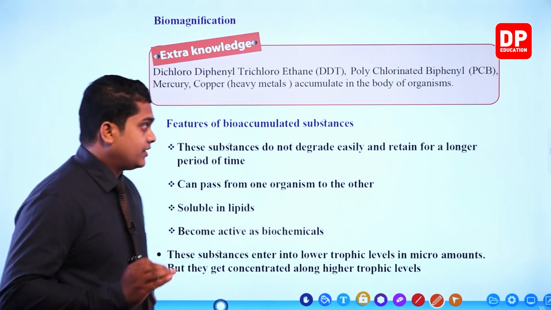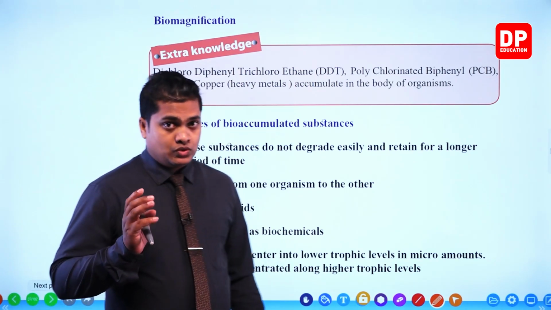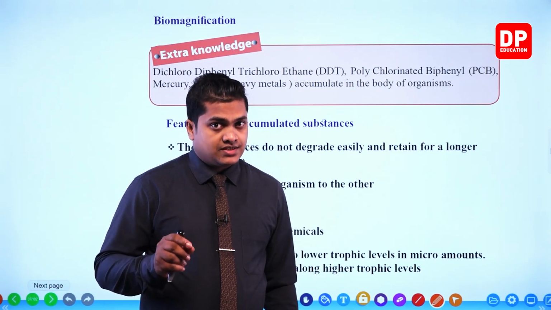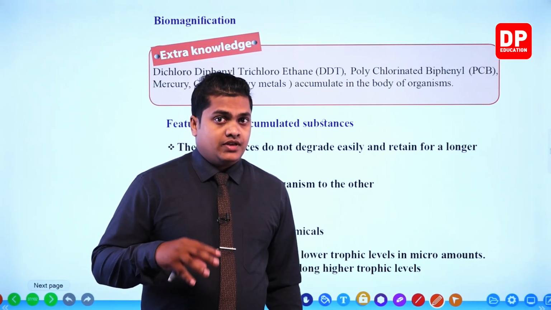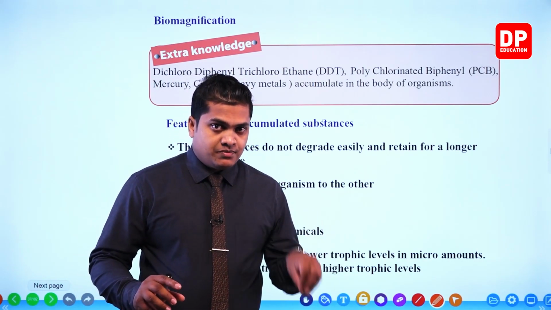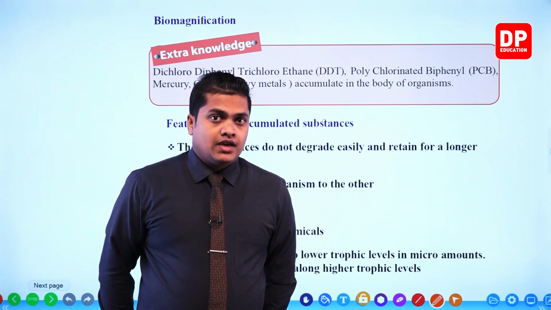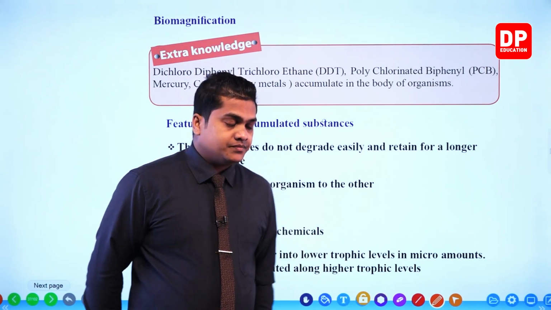Next one, they can pass from one organism to another through food chains. We discussed that. When one organism eats another, these substances have the ability to pass from one to the other, okay.